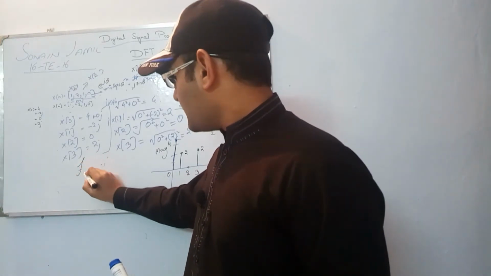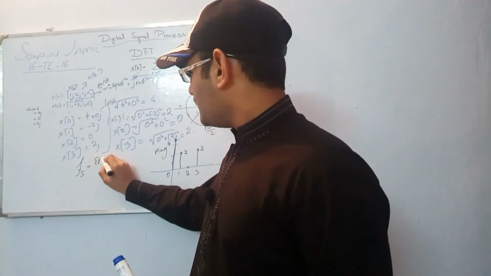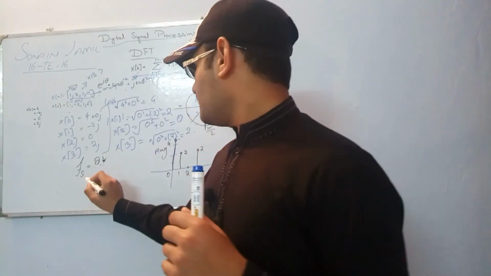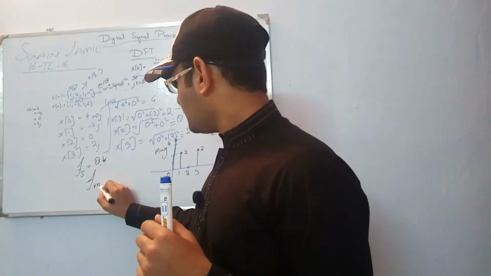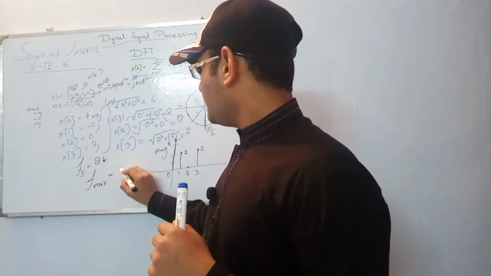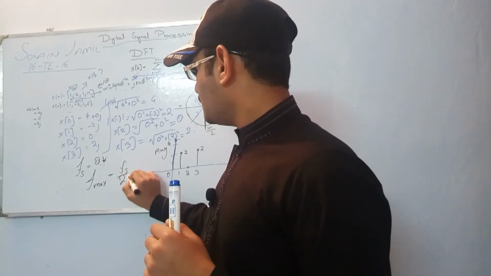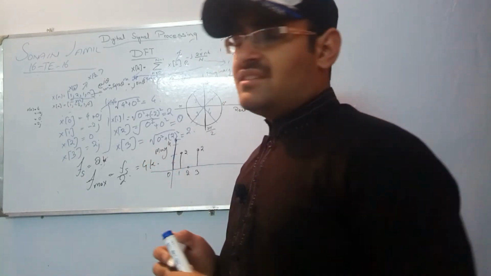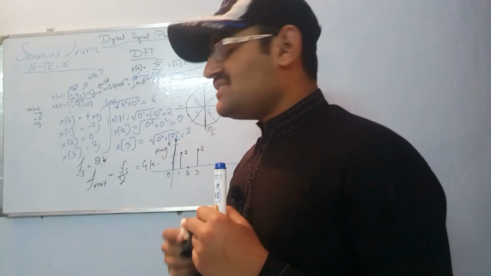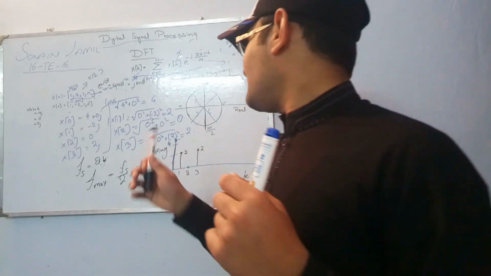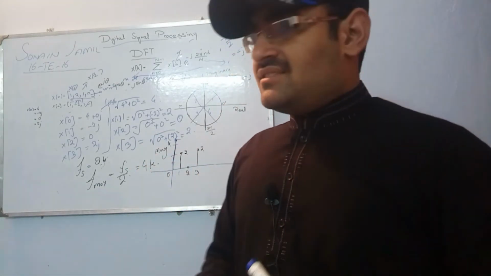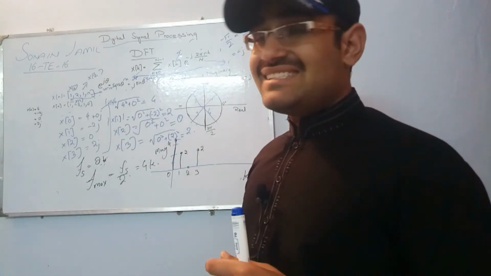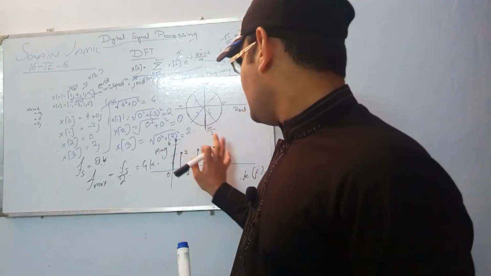Suppose we have an fs of 8 kHz. According to the Nyquist theorem, f maximum should be fs divided by 2. It comes out to be 4k. The Nyquist theorem tells us that if we want to recover a signal, the sampling frequency should be twice the maximum frequency in the signal.